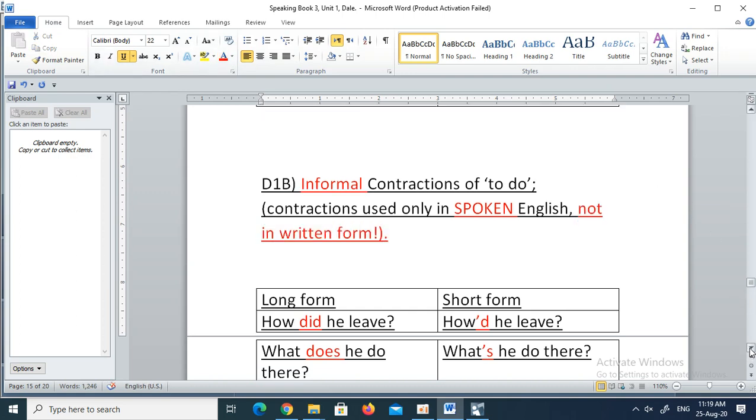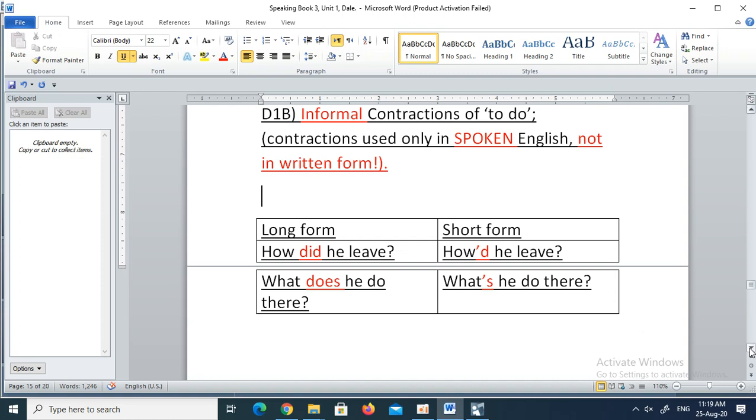How did he leave is the long form, and it contracts to how'd he leave. What does he do there is the long form, and it contracts to what's he do there.